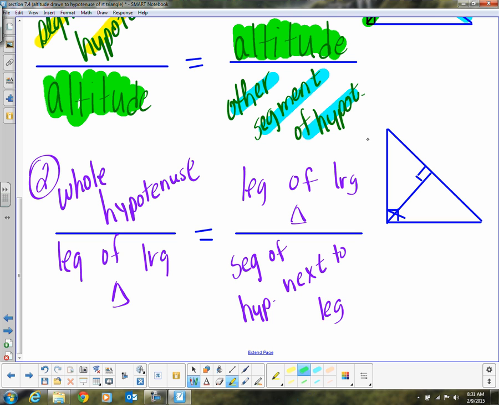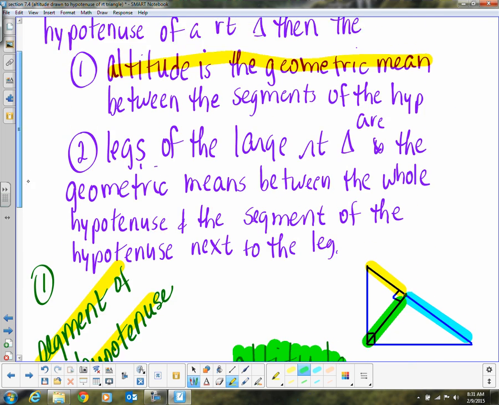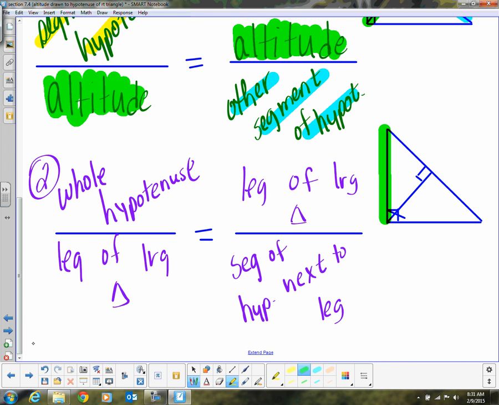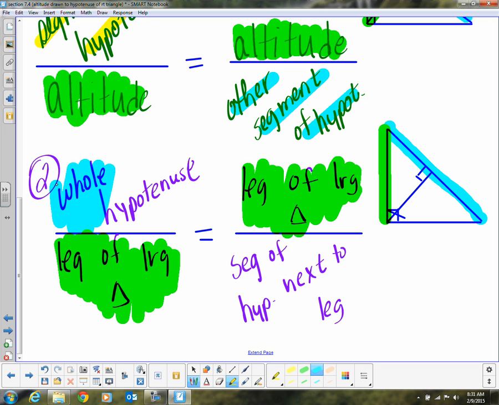Wait, so do we put 1 and 2 together? Do you remember the 1, 2 up here in this big, long, wordy stuff? That's what I'm referring to. So the leg of the large right triangle. Do you see the leg I just drew? It's the geometric mean between the whole hypotenuse, the whole entire length.